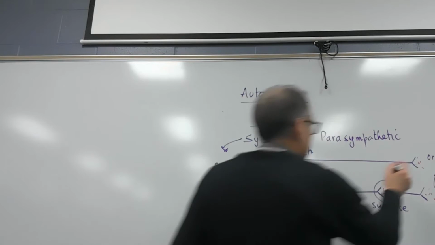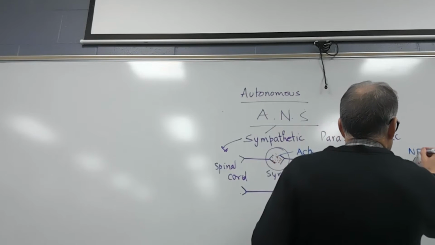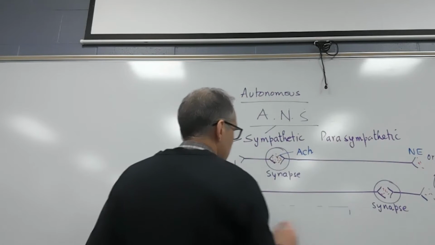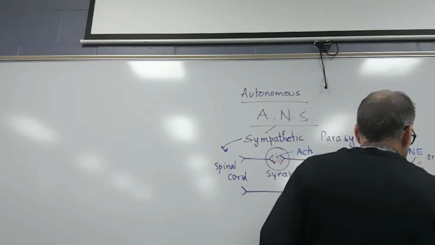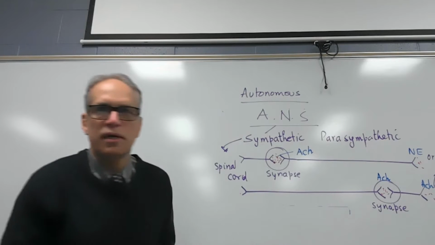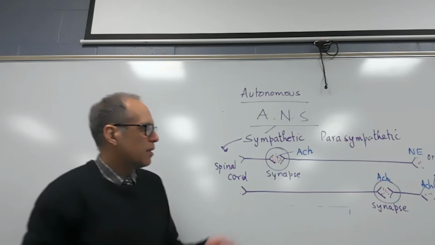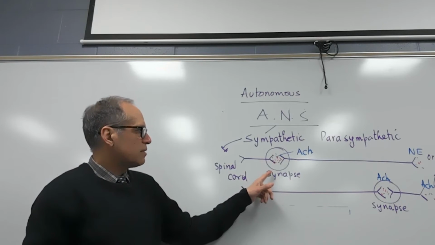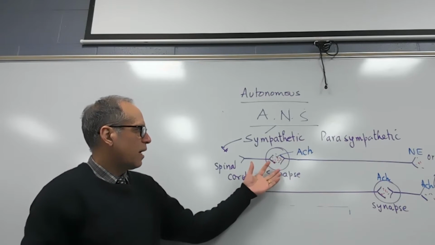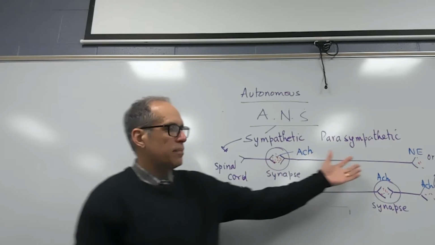And here in this sympathetic nervous system, there is a chemical called norepinephrine, NE. And here it's acetylcholine and acetylcholine. So this is the principal difference. One system has acetylcholine at one end and norepinephrine at the other end.